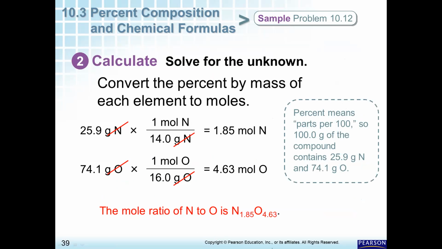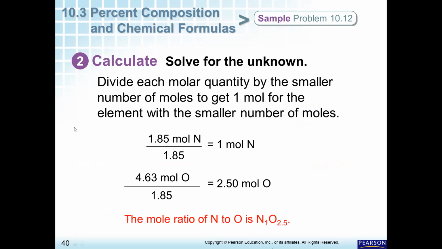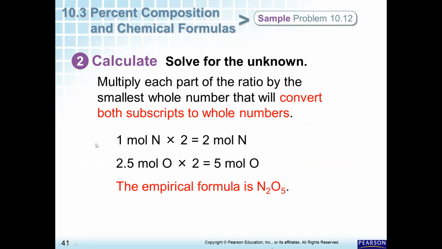See, this is how you convert into moles, and then it is like that. See, that's what I was referring to. If it is like this, these are fractions. So to get rid of it, you divide by the lowest, and that will give you 1 for this one, and it is going to be 2.5 for the other one. That's where we multiply by a factor in order to make this a whole number. So it will be N2O5. Okay, that will be the case.